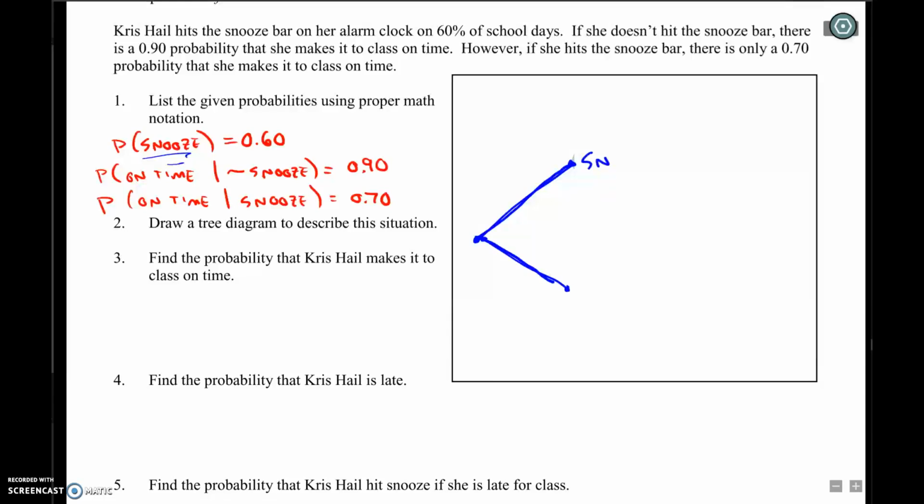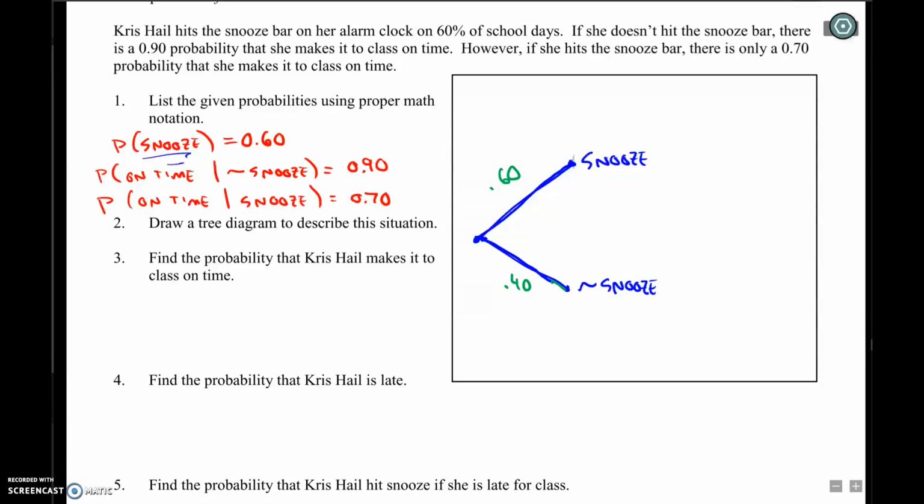So this is going to be snooze. This is going to be no snooze. And I know both of these probabilities. The probability that she hits the snooze is 60%, and that she doesn't hit the snooze is 40%. So we put the events at the end of the bars, or the leaves, or whatever you want to call them, and the probabilities along the branches.